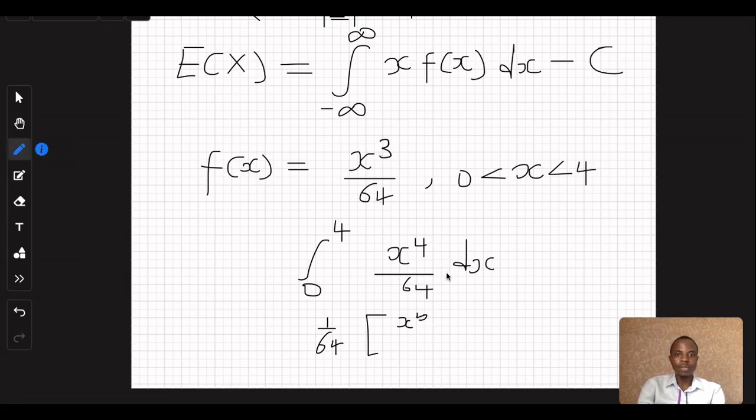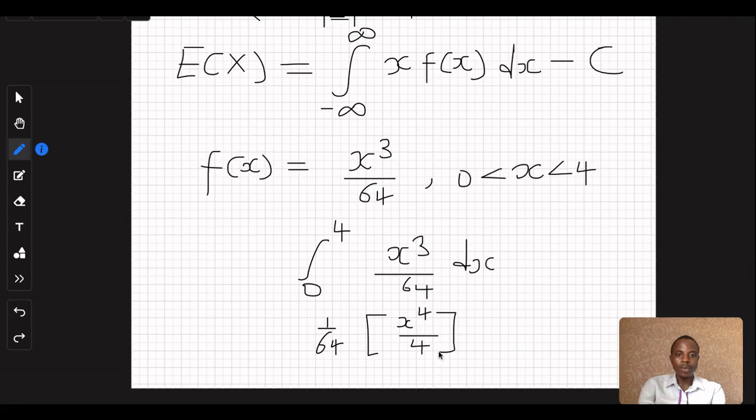So when we integrate, I've taken 1 over 64 outside, and I'm going to integrate x raised to the power of 3, and that should give me x raised to the power of 4 divided by 4.